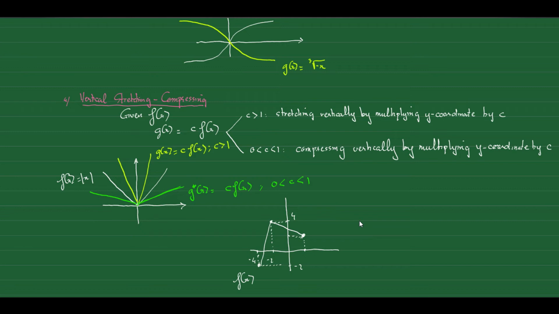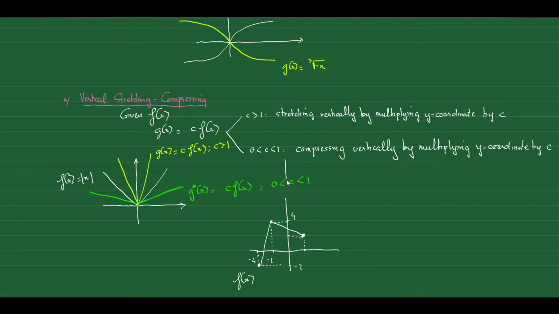Okay, and 2 is greater than 1, so it means that I multiply the y component. The y component in this case will become 8, right? Now multiply the y component. This is the -2 and 4. So multiply the y component by 2. So it will become 8.